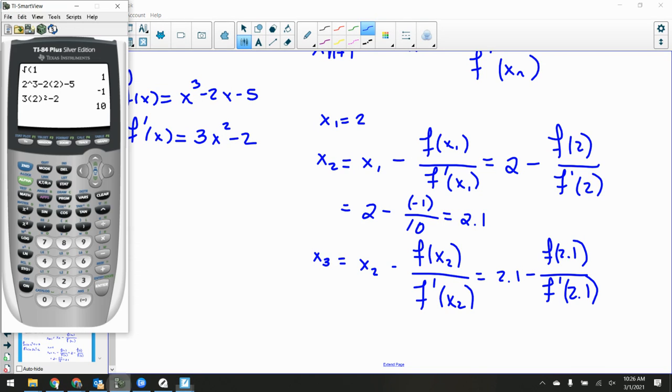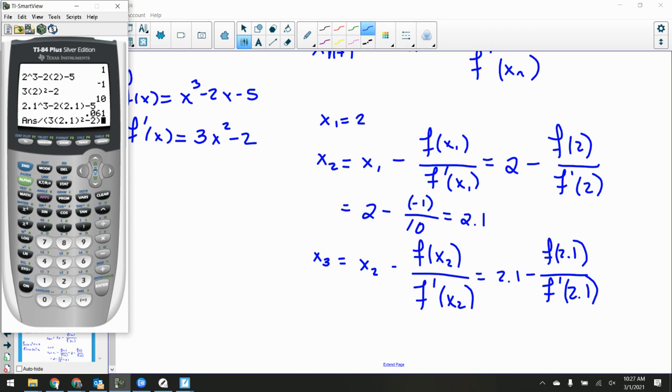So let's run the numbers. I take f of 2.1: 2.1 to the third minus 2 times 2.1 minus 5, divided by f prime of 2.1, which is 3 times 2.1 squared minus 2.